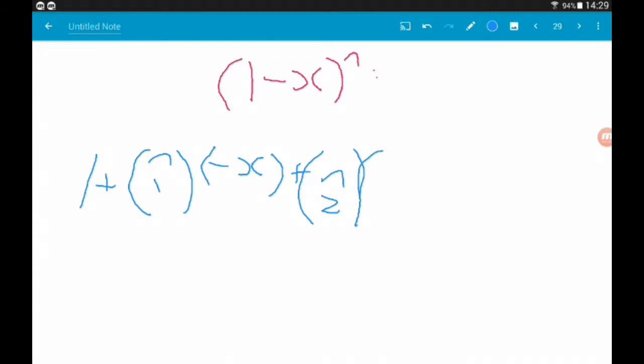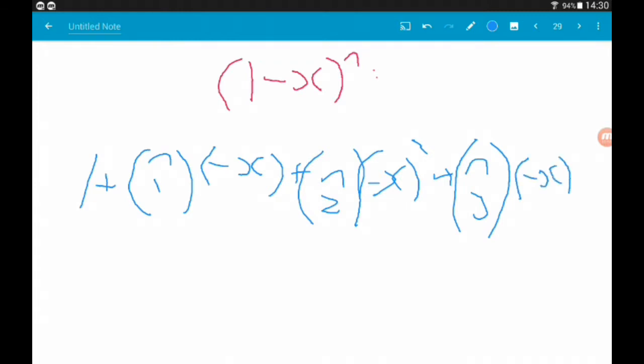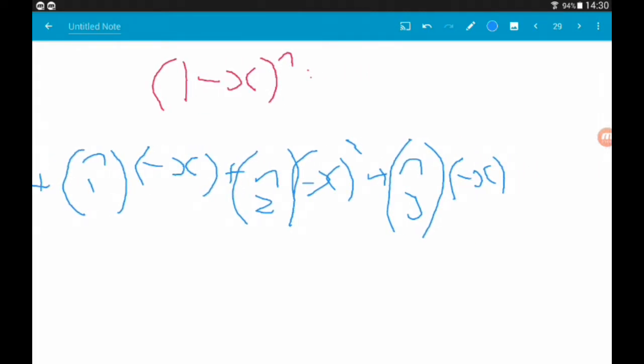This time it's going to be minus x all squared, and then plus n choose 3 times minus x cubed, like that.